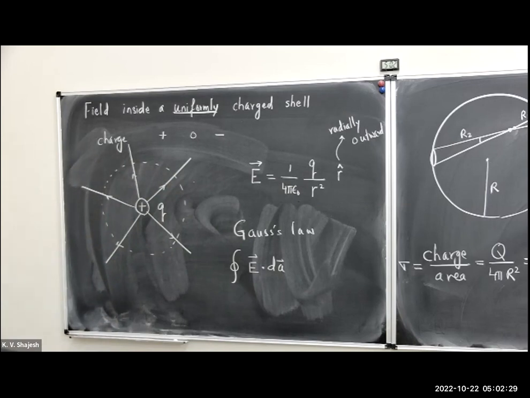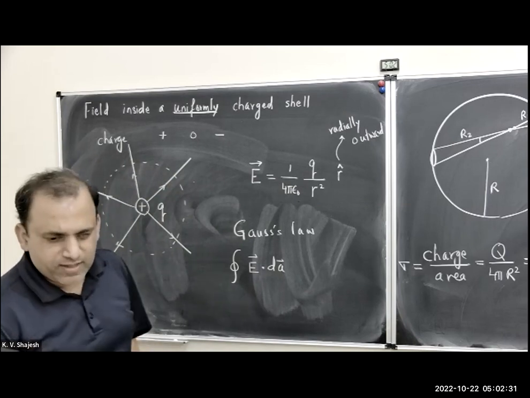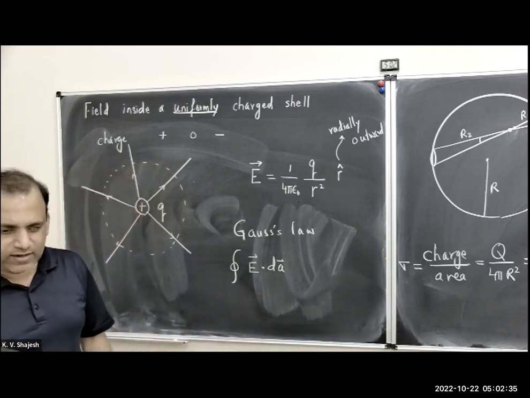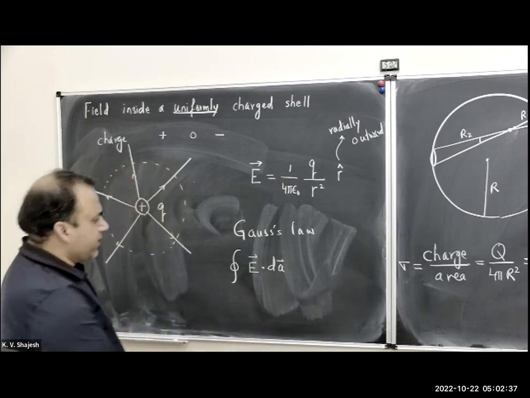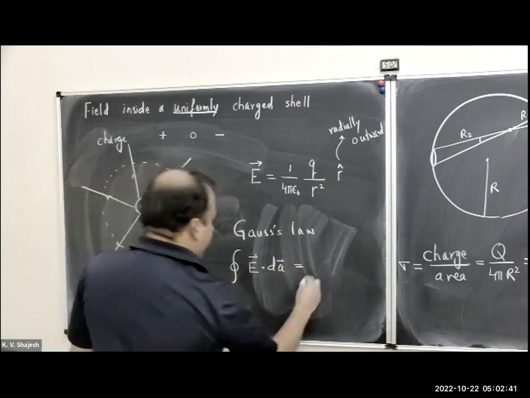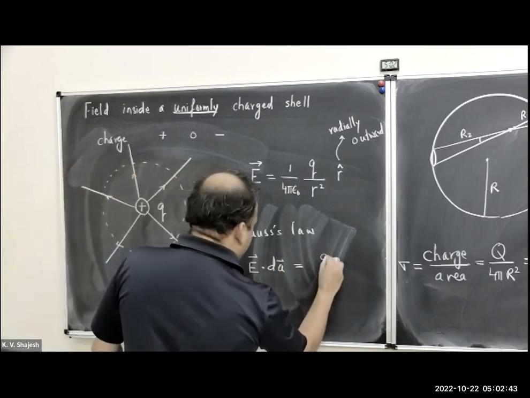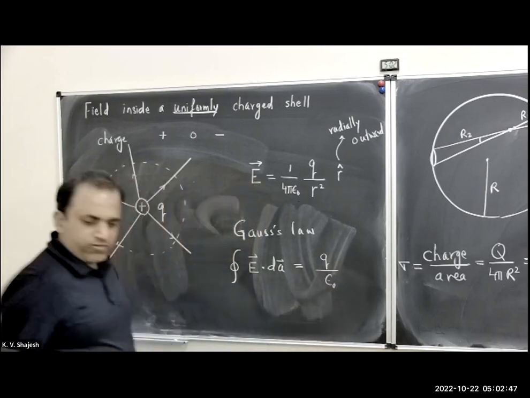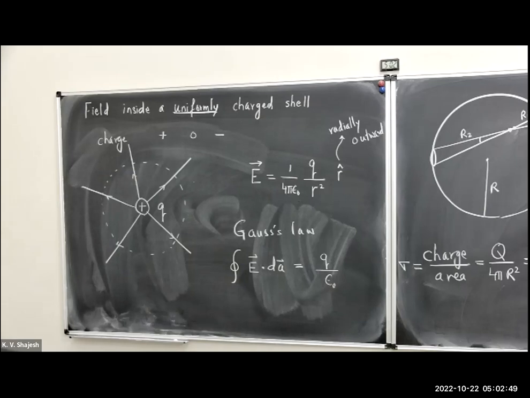If there is water leaking from the house, that means there must be a source of the leak somewhere. So that's the basic idea. And the right side in that way is whatever is contained in here. So that's Q. And again, for units purposes, there is an epsilon naught in there.